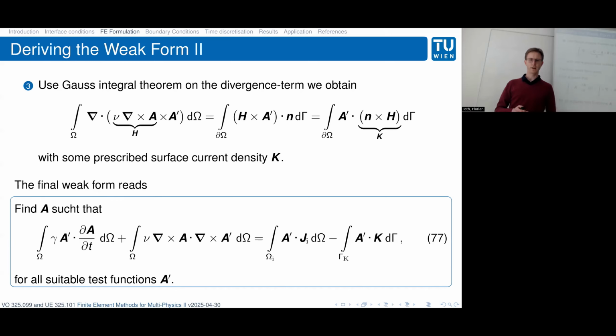So here we have the final weak form, where we have some mass-type form with the first time derivative of the A field. We have the curl operator, so a stiffness-type form. And we have right-hand sides that can consist of prescribed impressed current densities we know somewhere in the domain, and some boundary surface current terms.